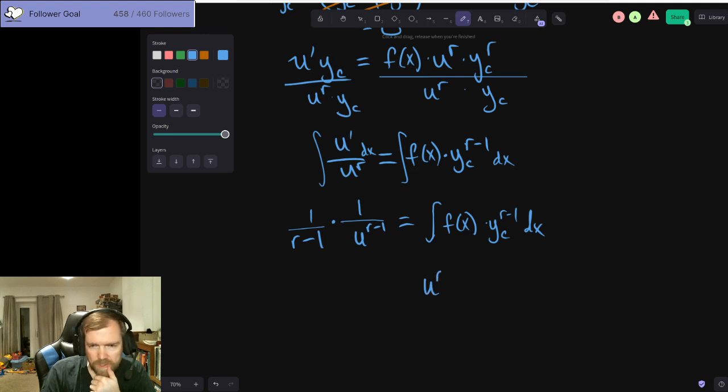Right, u to the r minus 1 is going to be equal to 1 over r minus 1 times the integral of f of x times y sub c raised to the r minus 1 dx.